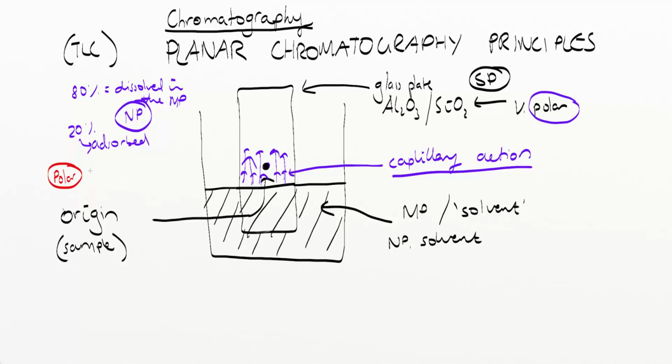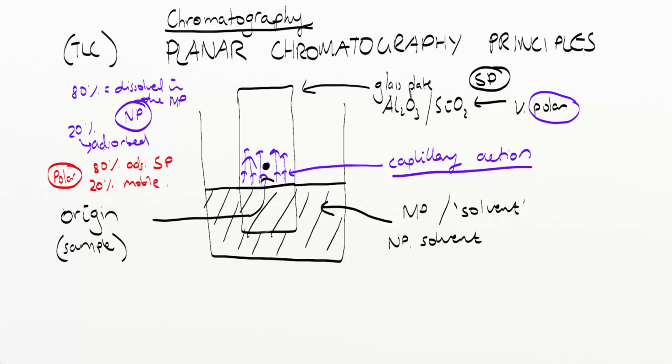Because of this, the polar component is going to spend maybe 80% of its time adsorbed onto the stationary phase, and as a result, not moving, because it's got a lot of friction with the stationary phase. It's got a high affinity. However, 20% of the time, it will be dissolved in the mobile phase, because it still has some attraction to the mobile phase. So 20% of the time it will be in the mobile phase and moving.